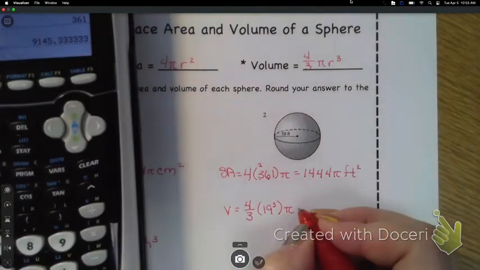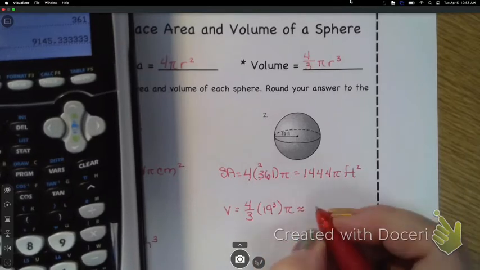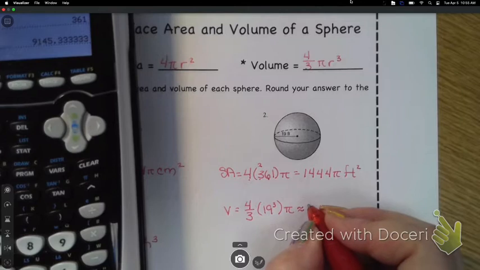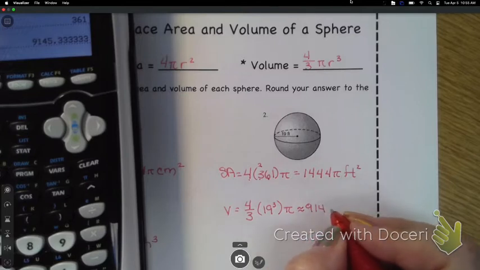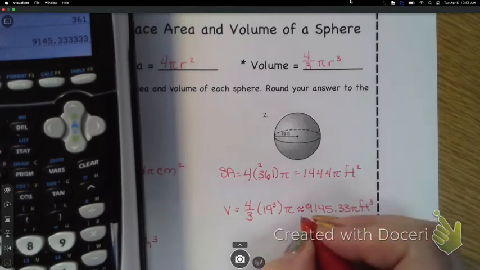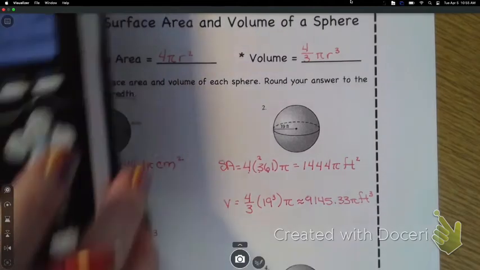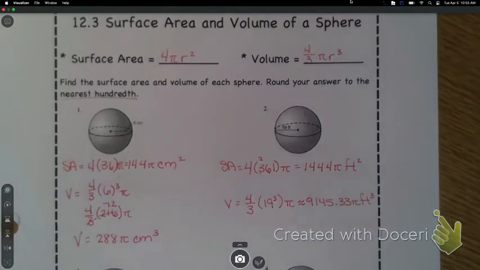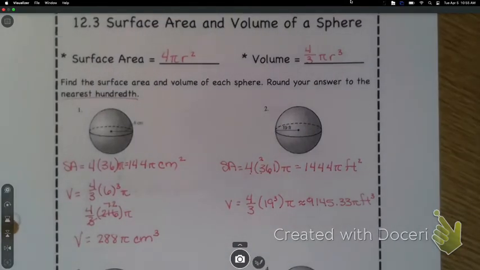Now we round to the nearest, what's it say on our sheet? Round your answer to the nearest hundredth. How many decimal places is hundredth? 2. So 9,145.33 pi feet cubed. Make sure you put your approximately when you are approximating.